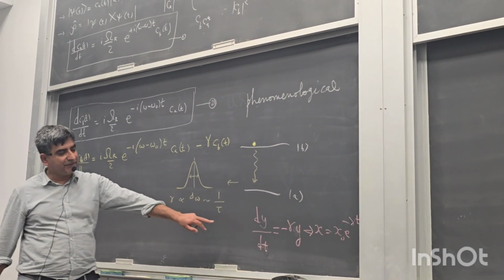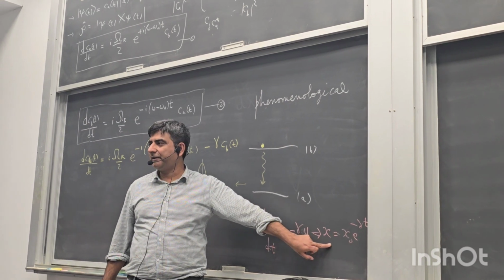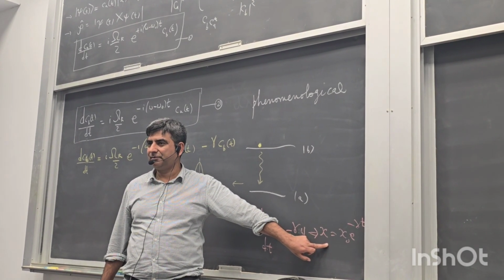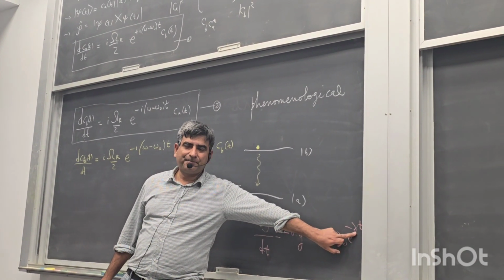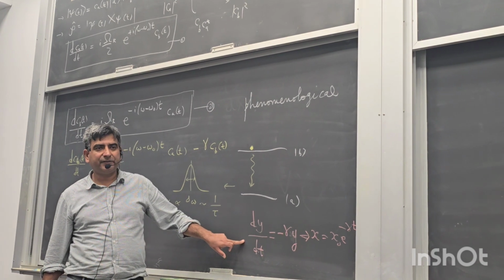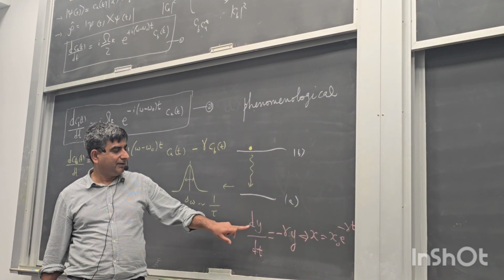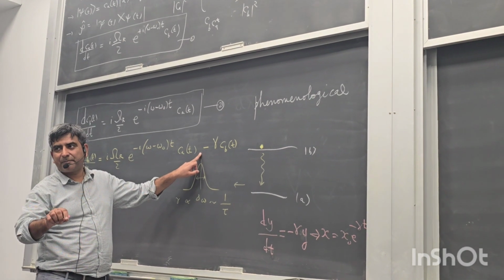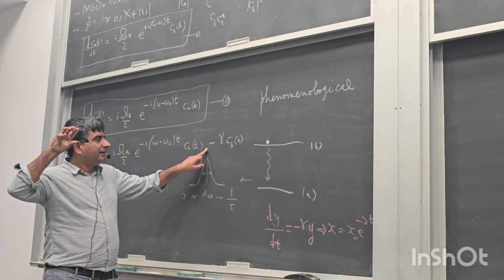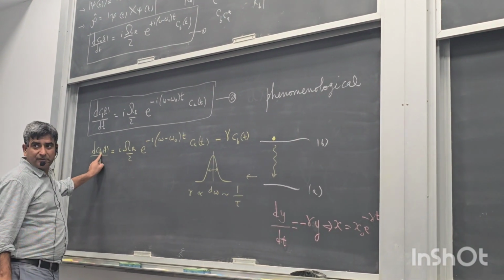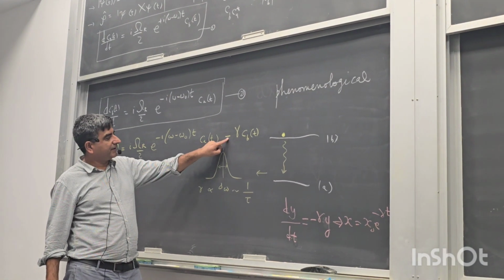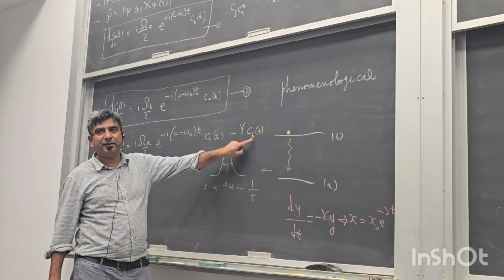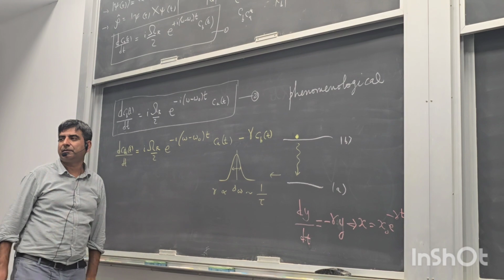So this equation has a solution of this kind, a decaying exponential. This is the decay rate. So motivated by this equation, we can insert an additional term which accounts for the exponential decay of Cb, and that term is minus gamma Cb. Yes, please.